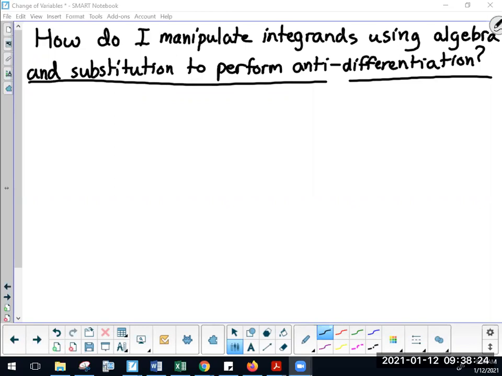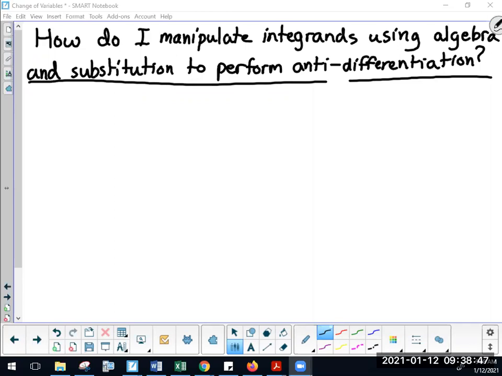That's the big idea. What we're going to be doing today is going into more depth with the thing we looked at at the end of yesterday, which is substitution. That's another way of modifying an integrand so that you can have one of the anti-differentiation patterns.